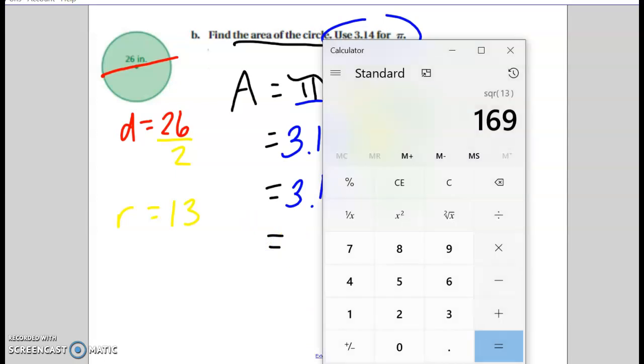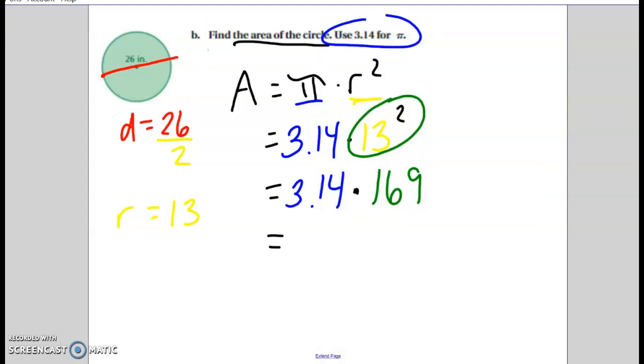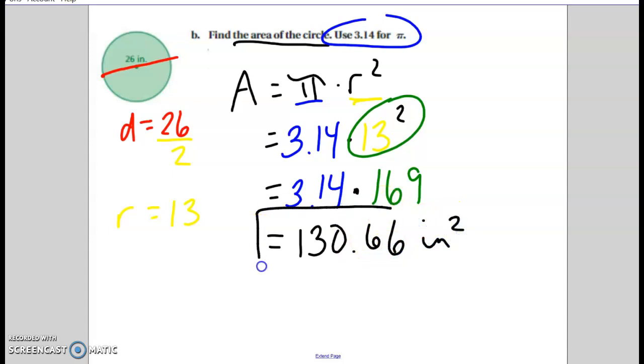And now my last step, times pi, 3.14, 530.66 inches squared. Remember, that's going to be 530 little squares that fill up this space. And that's why we do inches squared. It just means little squares.